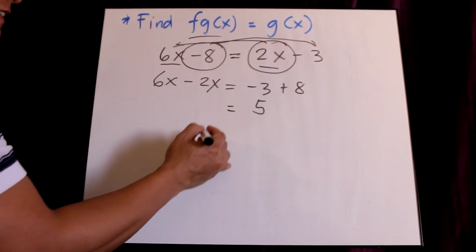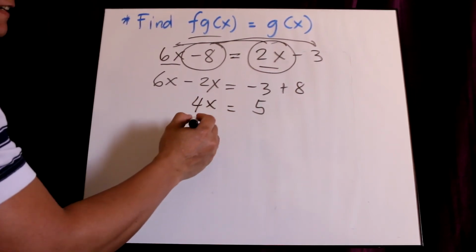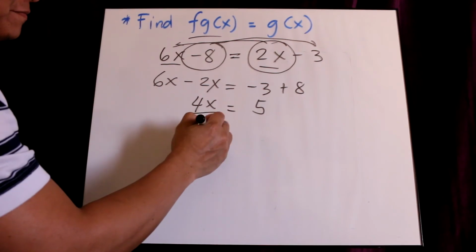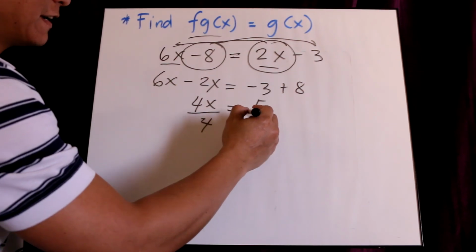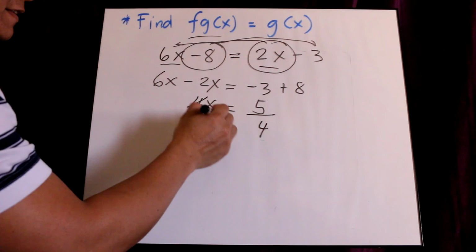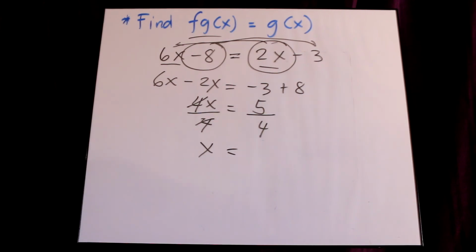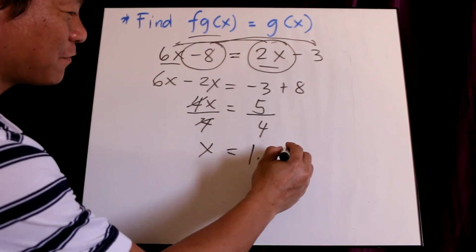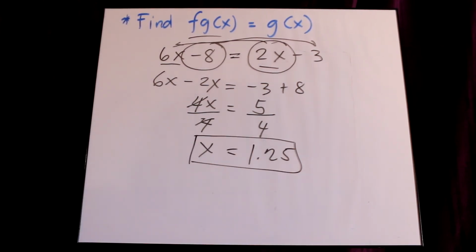And then right here you have 4x divided by 4, divided by 4. So how much is that? That would be x equal to 1.25. Alright, so the x is equal to 1.25.